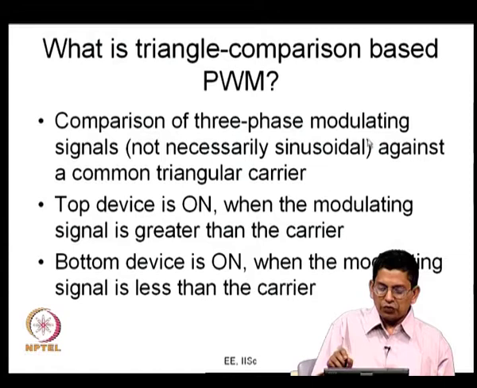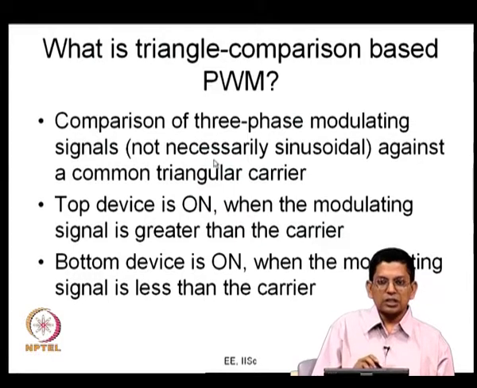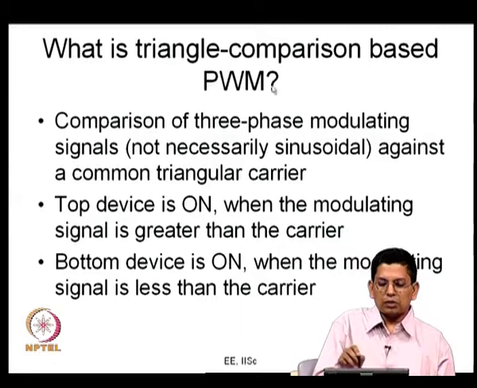So, you have 3 phase modulating signals, each of them corresponding to each phase, and you compare these 3 phase modulating signals against a common triangular carrier. This is what you do in triangle comparison based PWM. The triangle comparison gets its name from the carrier being triangular, and the modulating signals are compared against a triangular carrier.